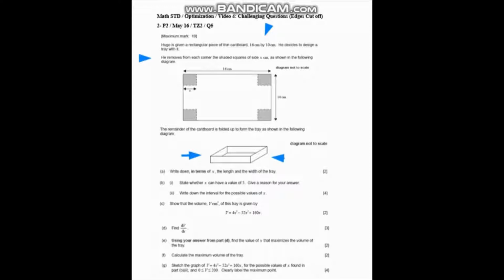This is exactly the same as the previous problem, and using the same logic, the remaining length shall be given as follows. This component right there is given by 16 minus 2x. This is the remaining length, which is this part right there.